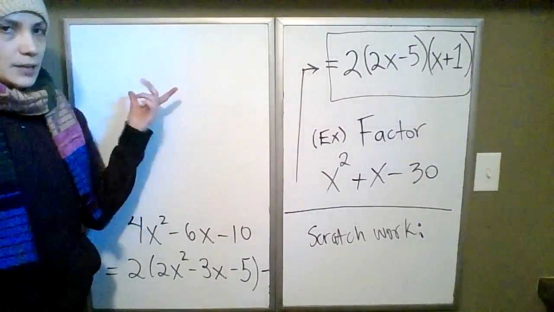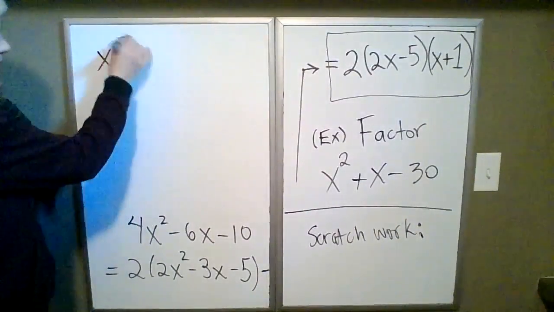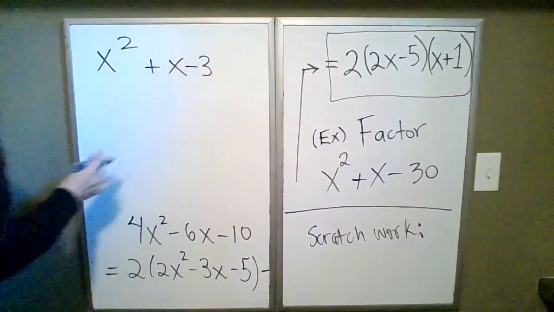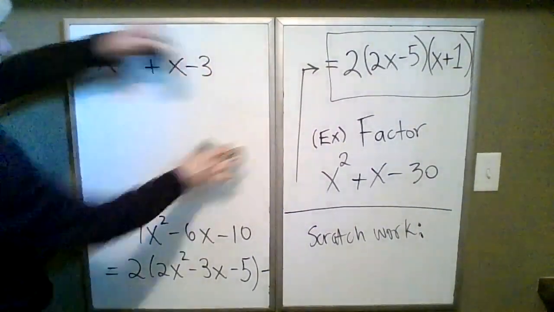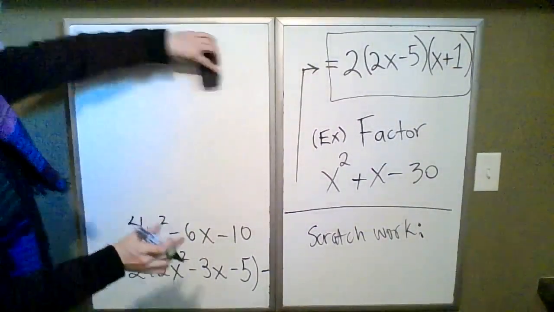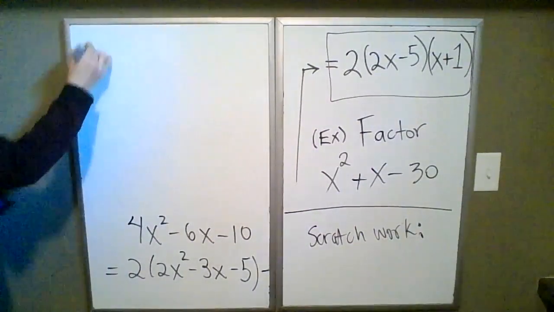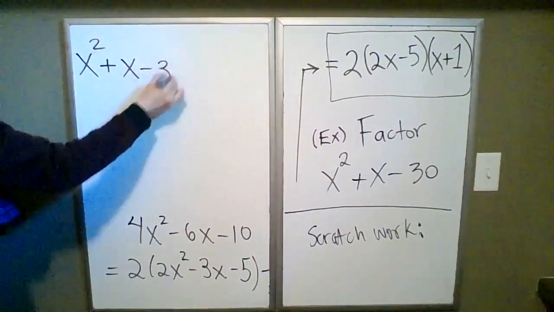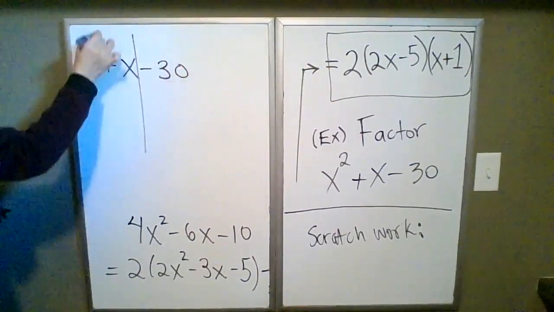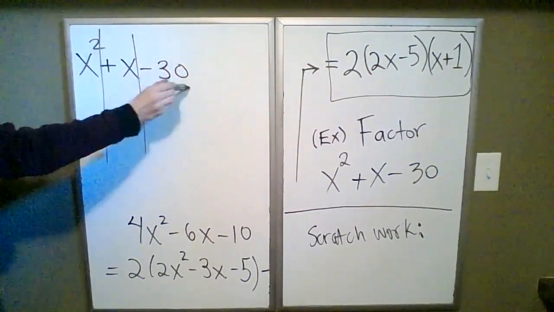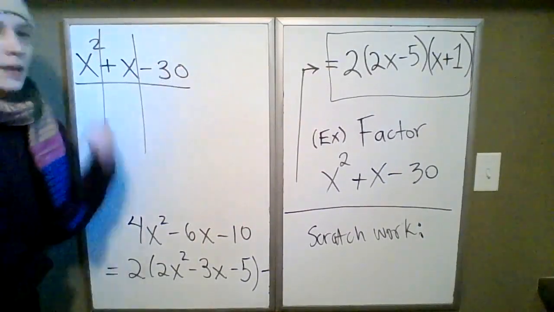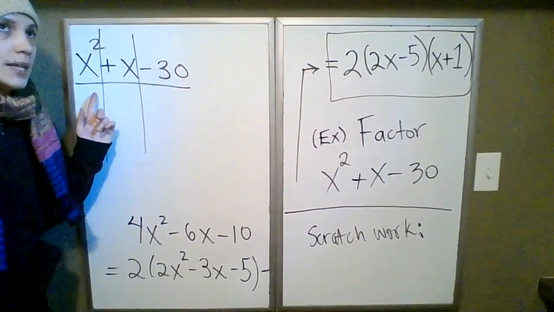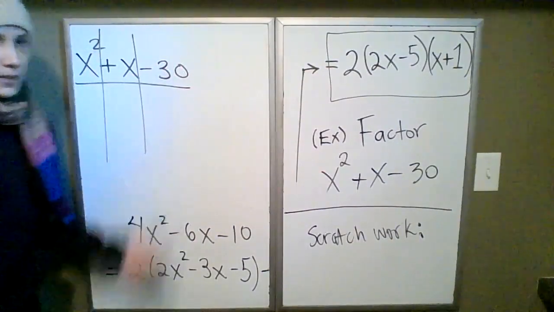I'm just going to copy this down. Need some space on the side. On this side, two numbers that multiply to x squared, you would pick x times x.